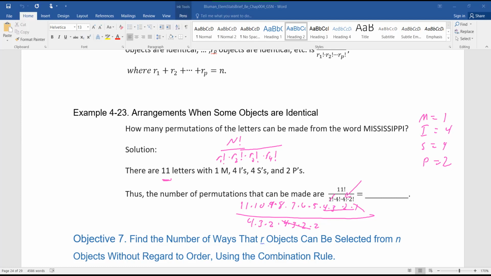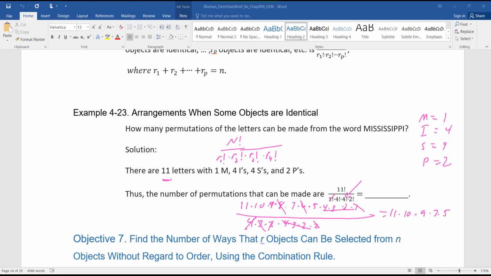So now I see that I got 2 times 4. Okay, that would make 8. I got 3 times 2, so that'd give me 6. So it looks like this ultimately is just 11 times 10 times 9 times 7 times 5.